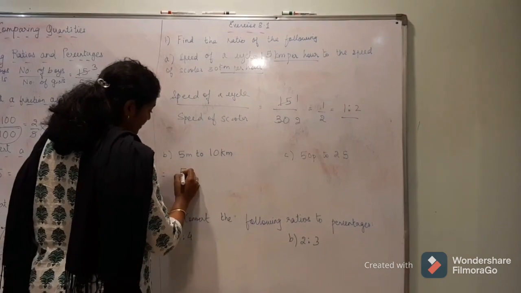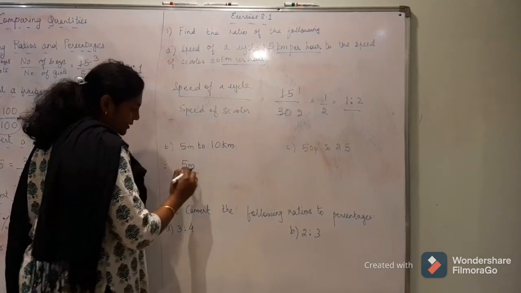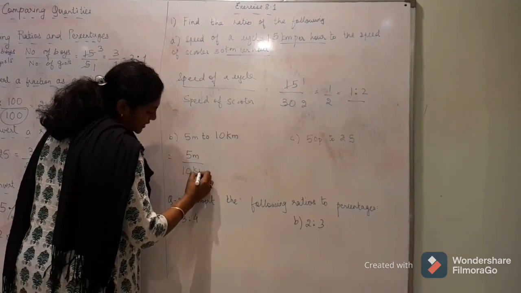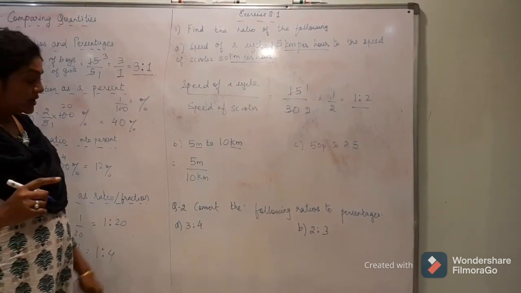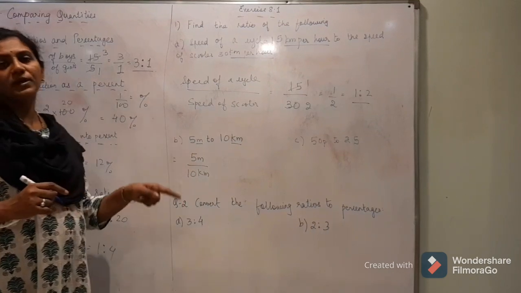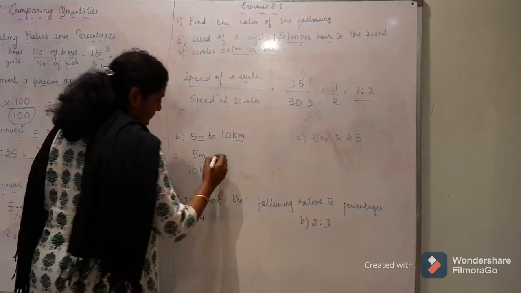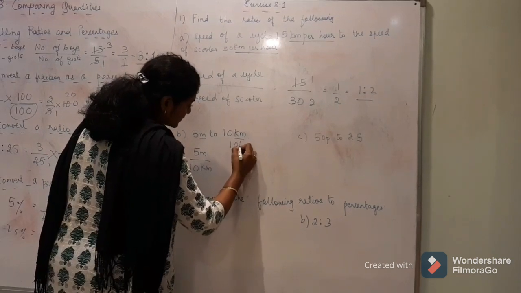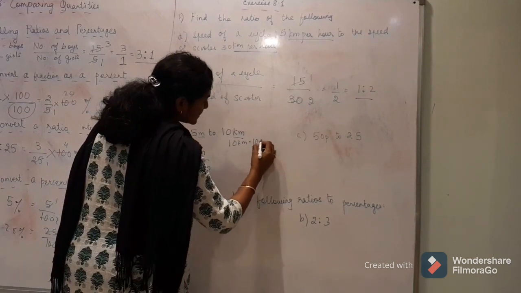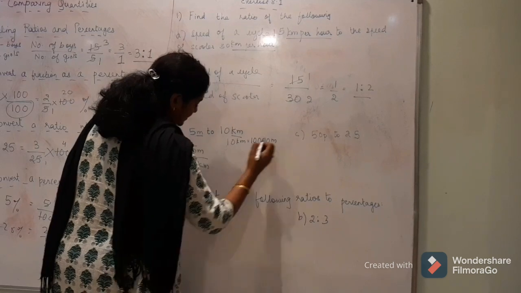Now again 5 meter divided by 10 किलोमीटर. अभी एक मीटर है, दूसरा किलोमीटर है, तो हम क्या करेंगे, किलोमीटर को मीटर में चेंज करेंगे. सो 10 किलोमीटर is 10,000 मीटर.